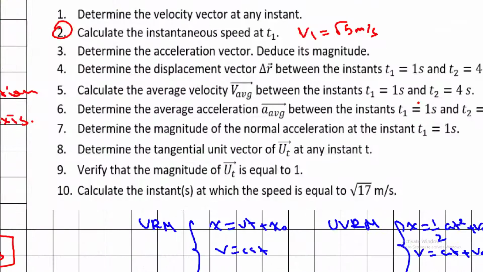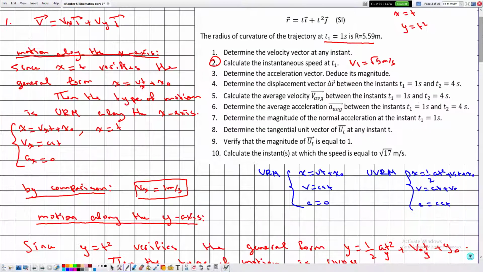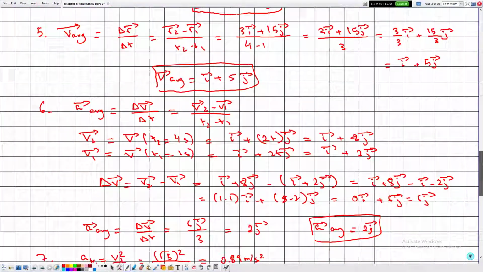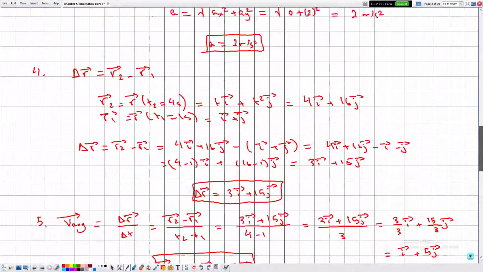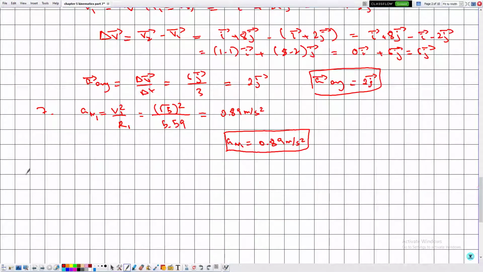Now in part 8 they are telling me to determine the tangential unit vector ut at any instant t. So by definition the tangential unit vector is given by ut equal to the velocity divided by the speed. We need to determine ut as function of t.